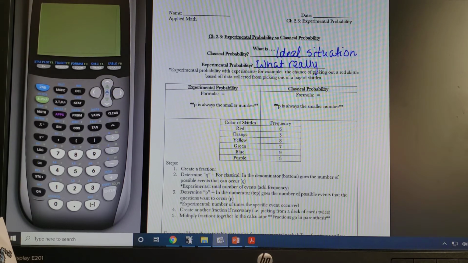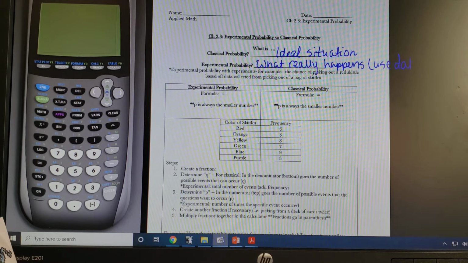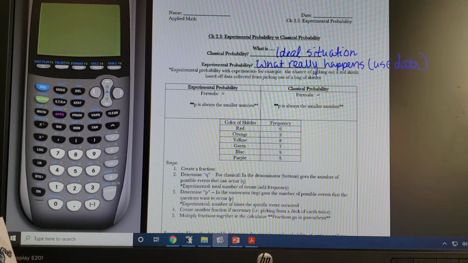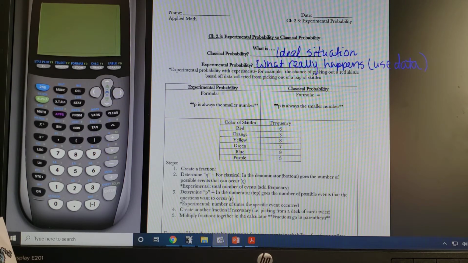And that's when you're going to use a chart, or you're going to use data that was given. Okay, so then if you look, I have a situation with Skittles. Now for both, you're still going to do P over Q, and P is always a smaller number. So with the Skittles, we have red, orange, yellow, green, blue, purple.